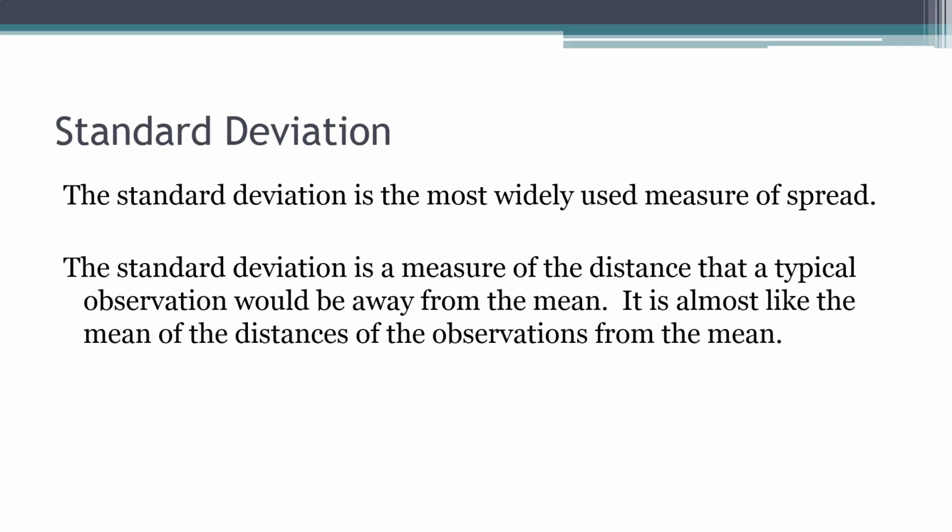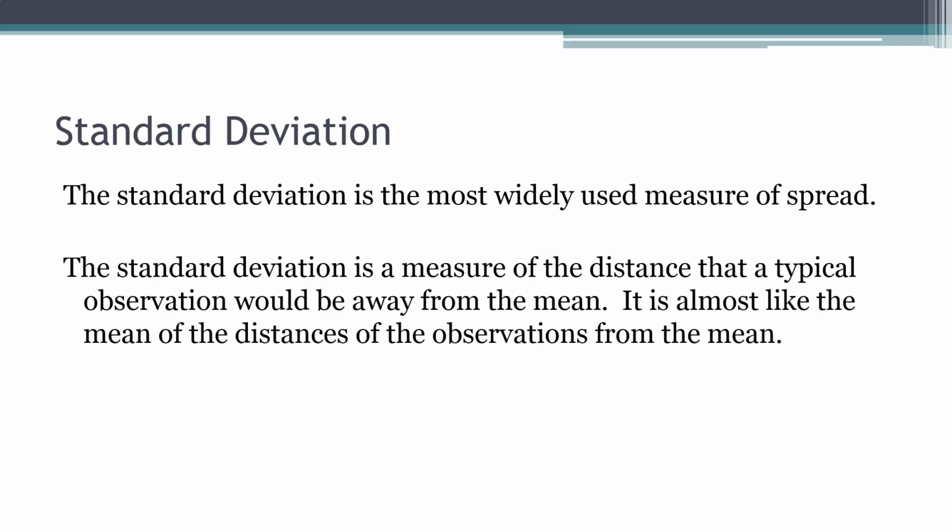Standard deviation is a big one for us, though. We're going to use it for just about the whole rest of the semester. And if you're looking for a common sense interpretation of standard deviation, it's reasonable to say that it is the distance of a typical observation from the middle.